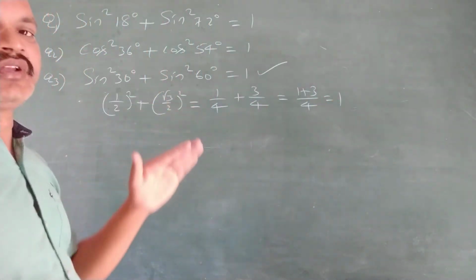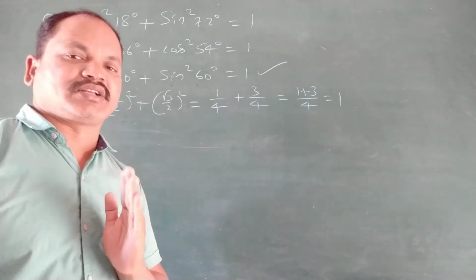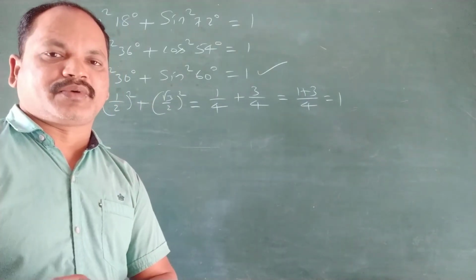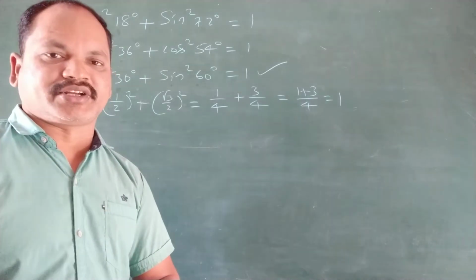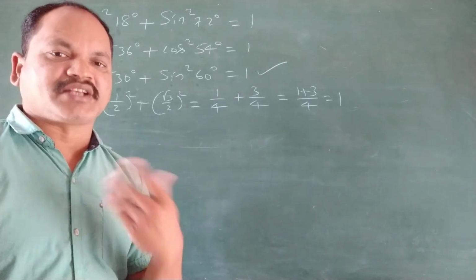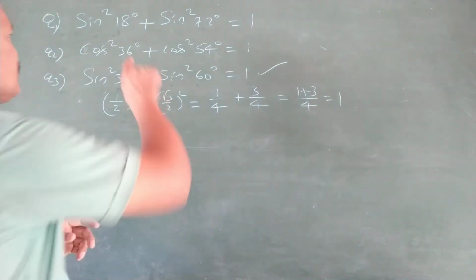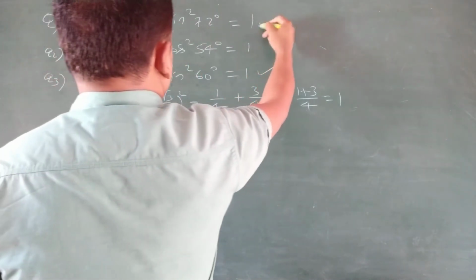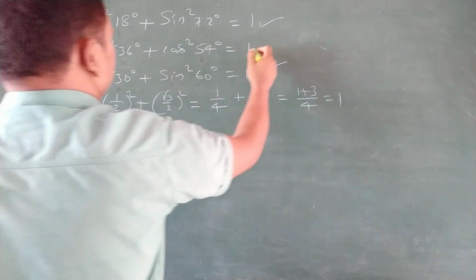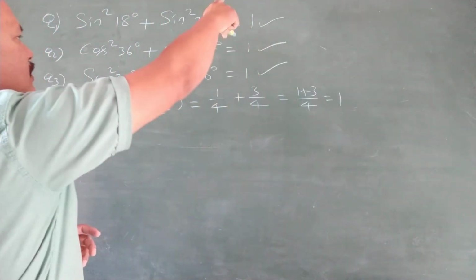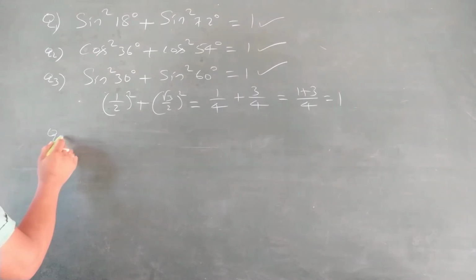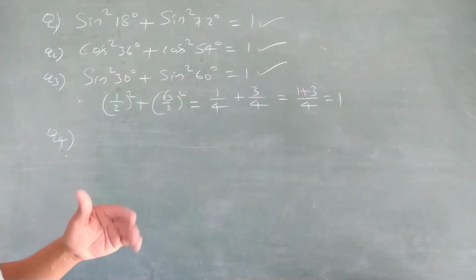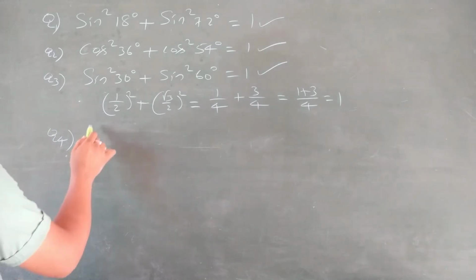So according to complementary angles, if alpha plus beta is 90, then sin square alpha plus sin square beta is 1 and cos square alpha plus cos square beta is 1. Like that here, 18 plus 72 is 90, 36 plus 54 is 90, that's why the result is 1. Similarly, now the questions related to tan and cot.